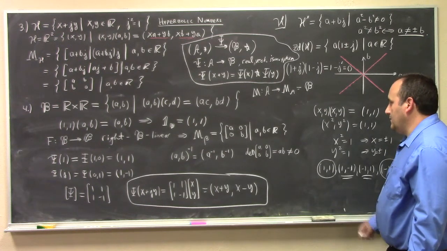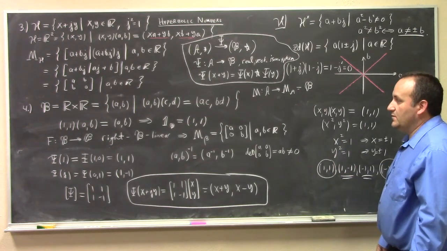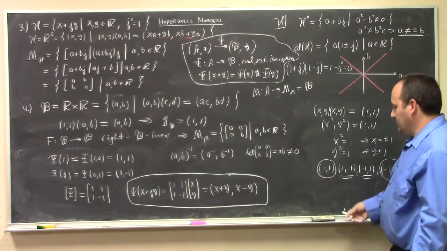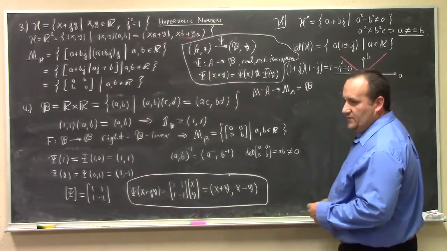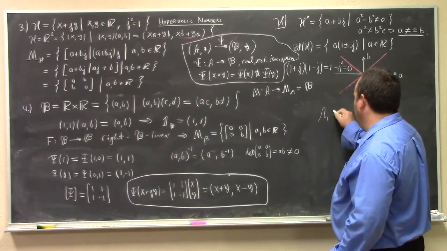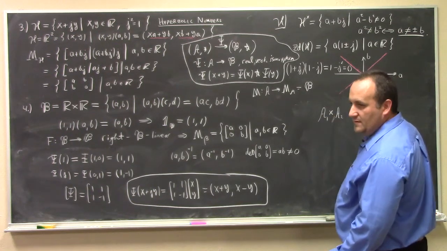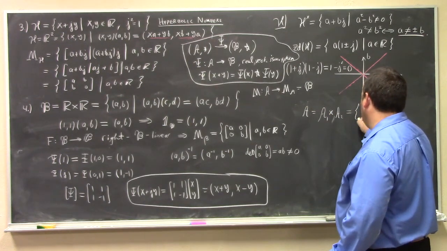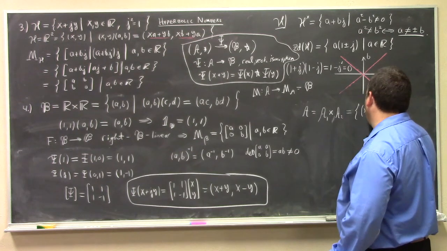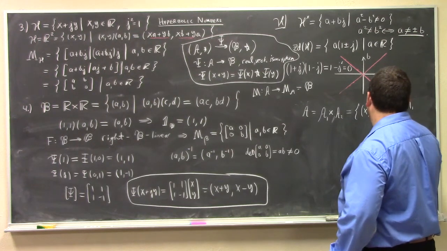Now, beyond this, I have more examples. If you have two algebras, A1 and A2, then you can take basically the Cartesian product of them, and that will give you a new algebra that looks like x comma y, such that x is in A1 and y is in A2.